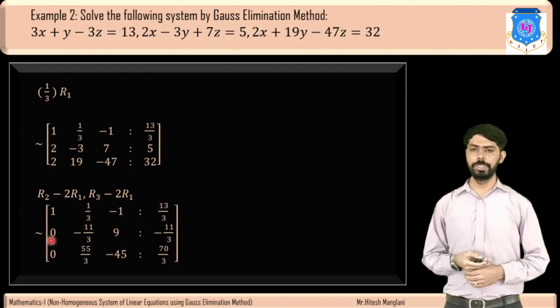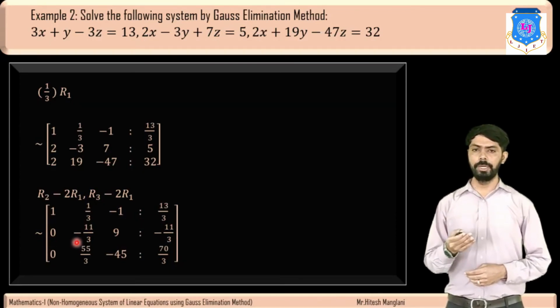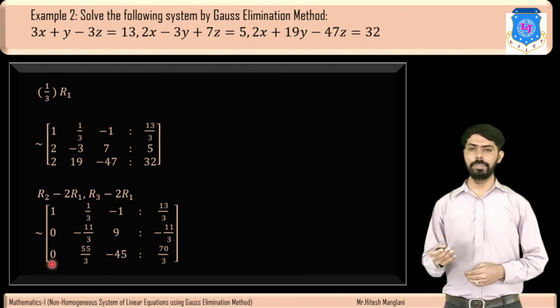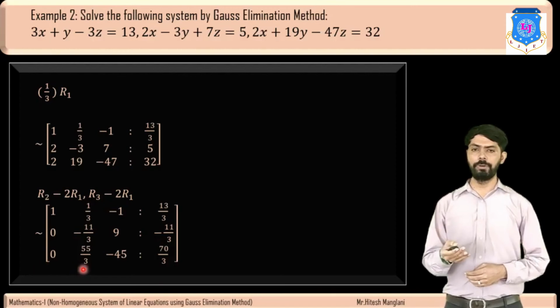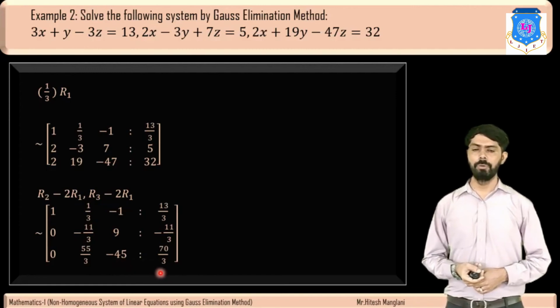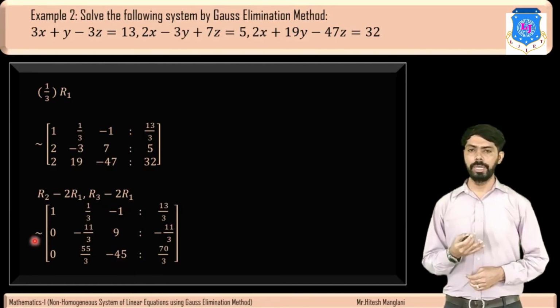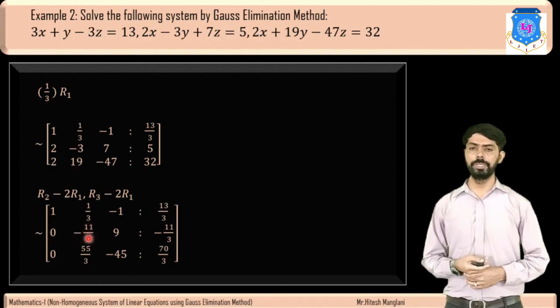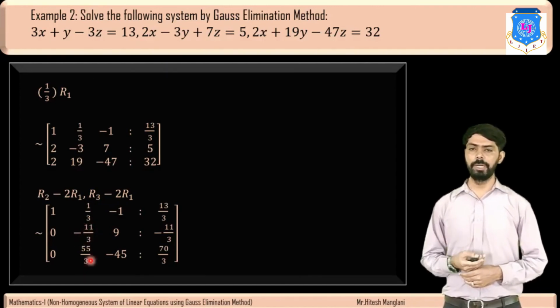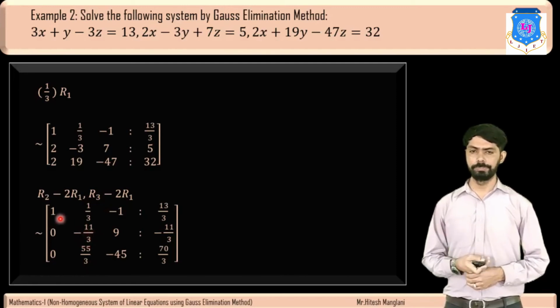Then the second row is 0, -11/3, 9, -11/3, and the third row will be 0, 55/3, -45, 70/3. Now if you look at the second row, the leading entry is -11/3. But here, according to the definition of row echelon form, we will have to convert this -11/3 to 1.